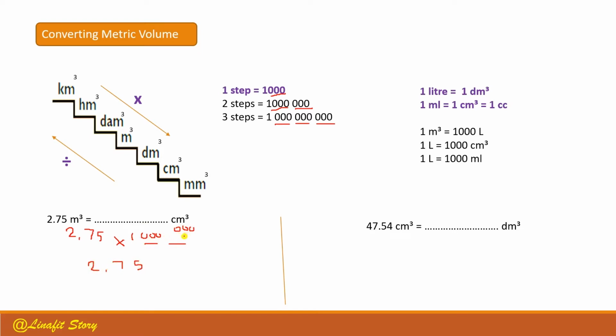How many zeros are there in 1 million? 1, 2, 3, 4, 5, 6. There are 6 zeros. So we move the decimal place to the right 6 steps. So the answer is equal to 2,750,000.